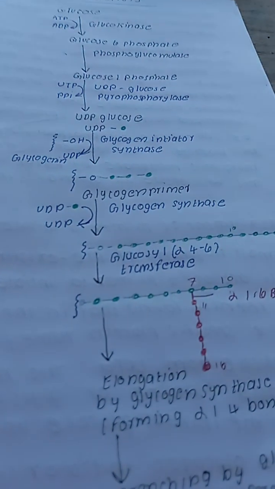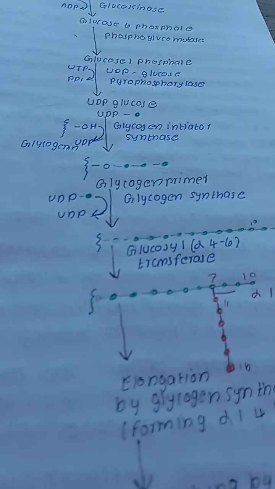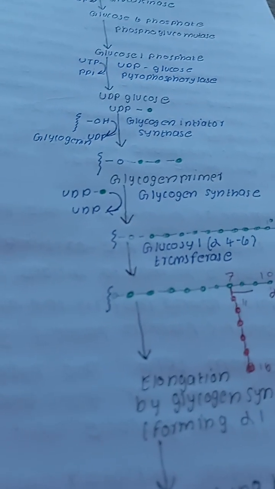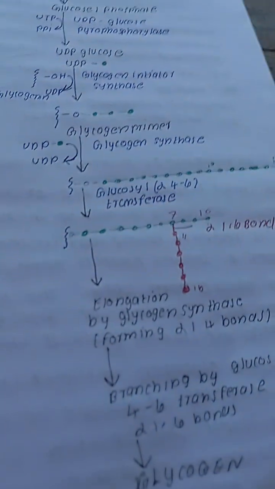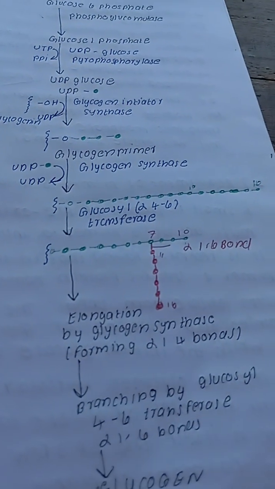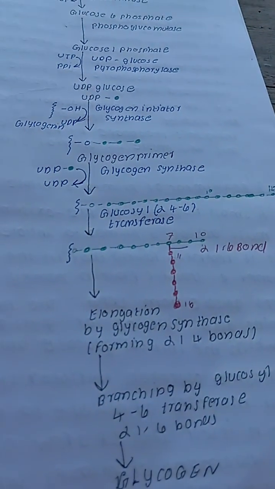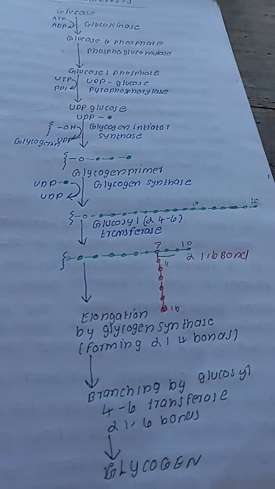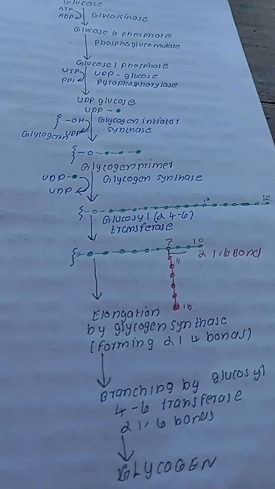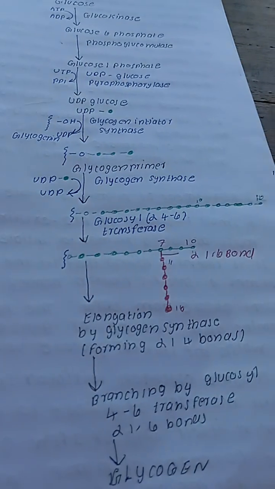After the primer, glycogen synthase adds glucose residues until the chain reaches 8 to 9 residues. Then the glycosyl 4,6 transferase turns it to branching.